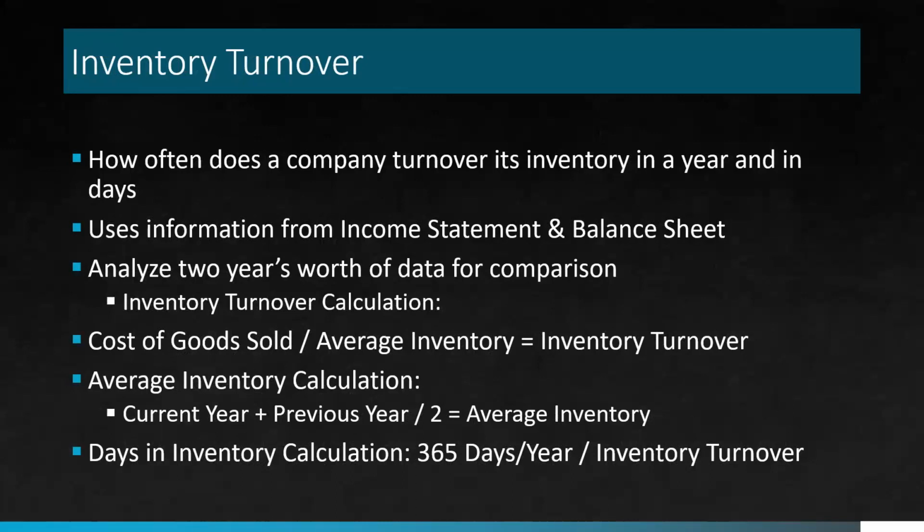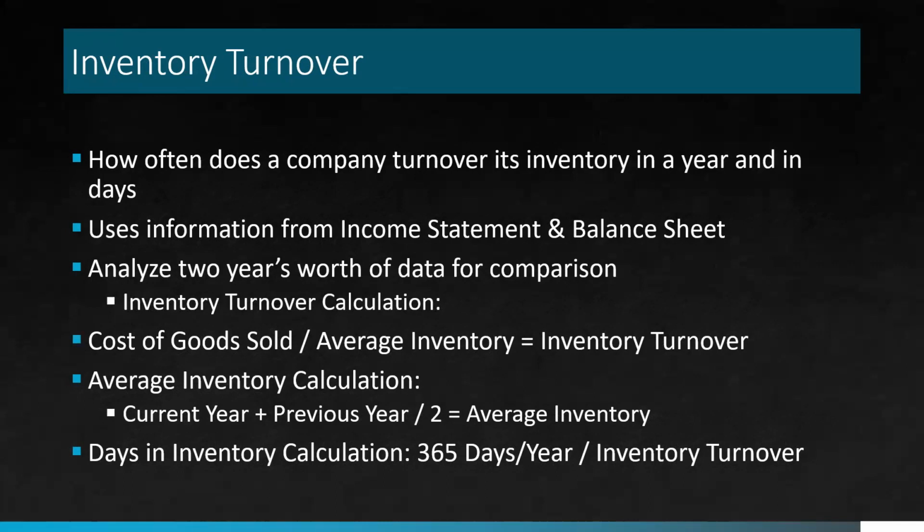So first, we're going to discuss inventory turnover, which is how often a company turns over its inventory in a year and in days. As I said earlier, the information comes from the income statement and the balance sheet. And typically, you want to analyze 2 years' worth of data for a comparison.